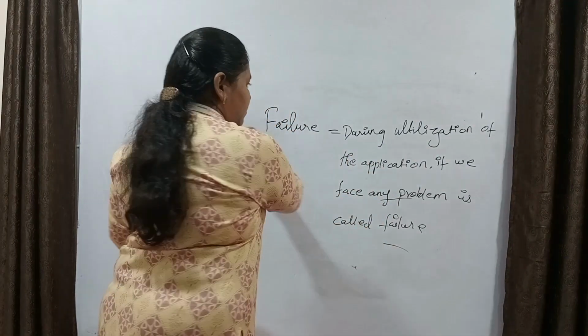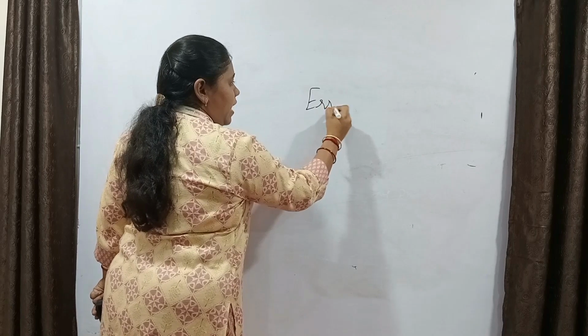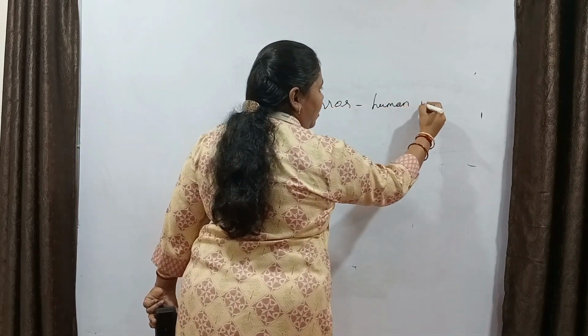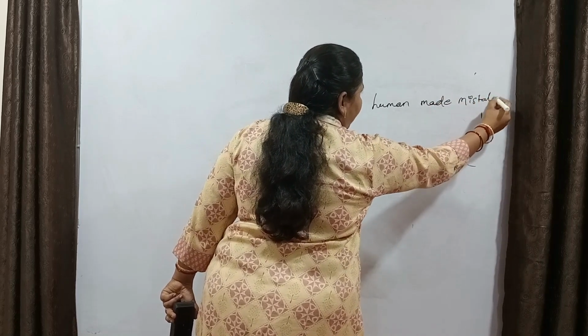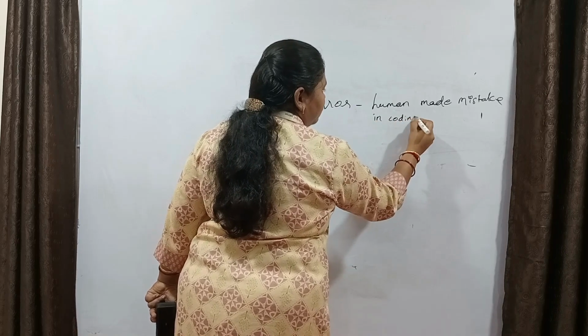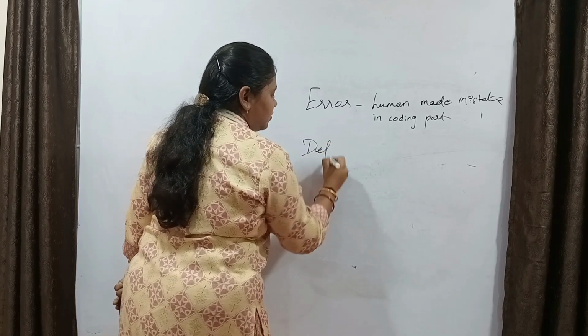So what have we seen today? What is error? Error is nothing but a human made mistake in coding part. And what is defect?